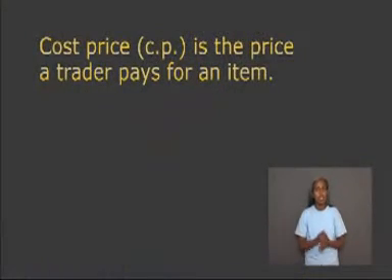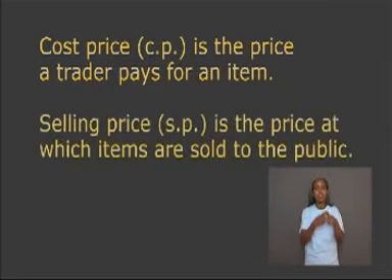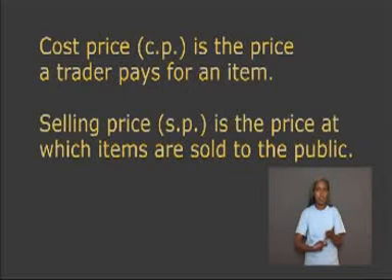The price a trader pays for an article is called the cost price, or CP. The price at which articles are sold to the public is called the selling price, or SP.